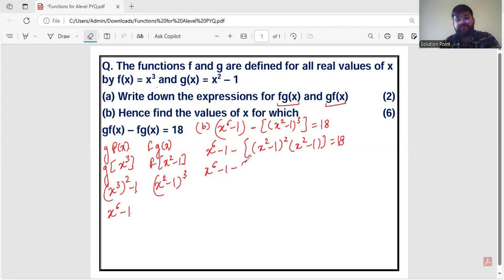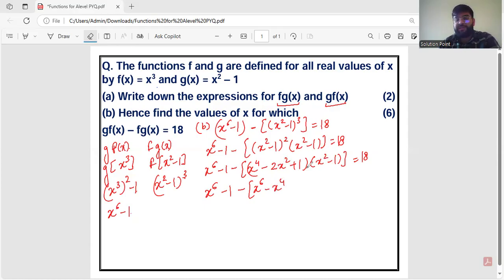Let's solve this. x squared minus 1 squared can be written as x to the power 4 minus 2x squared plus 1, and we need to multiply it by x squared minus 1. This will be x to the power 6 minus 1 minus the product. x to the power 4 times x squared will be x to the power 6. x to the power 4 times minus 1 will be minus x to the power 4.